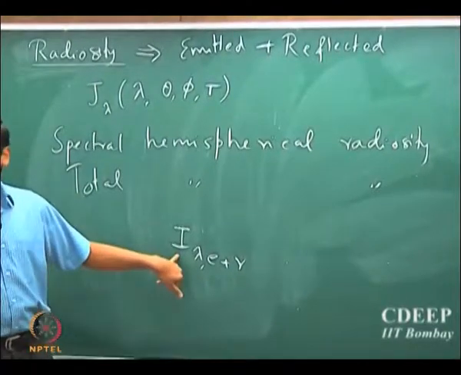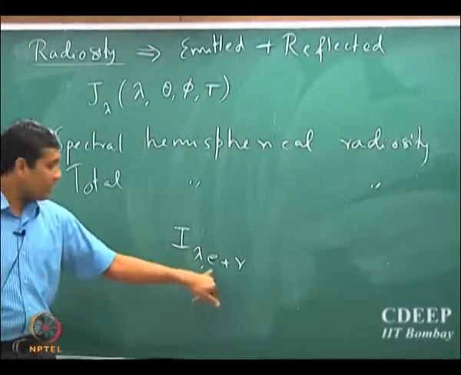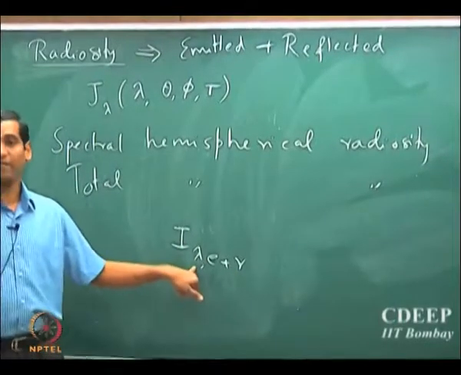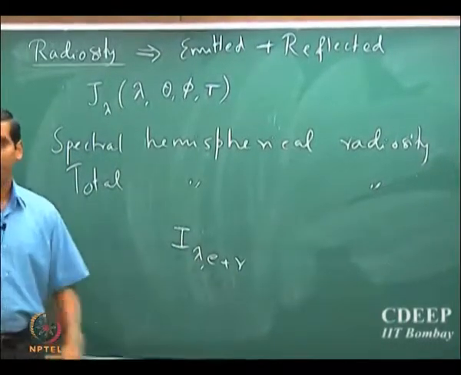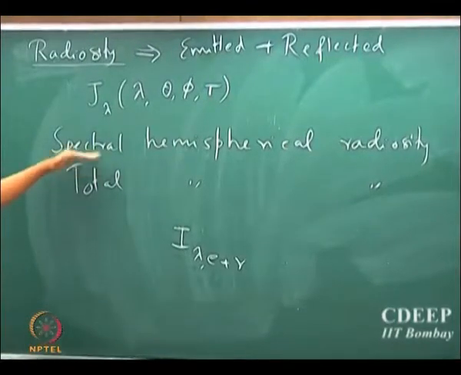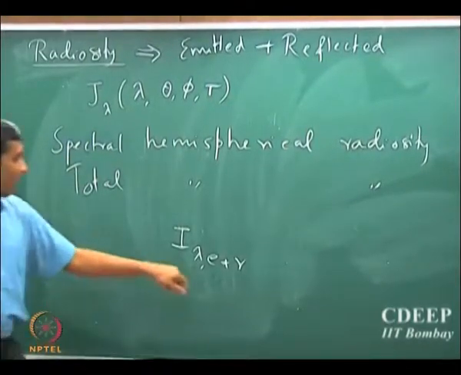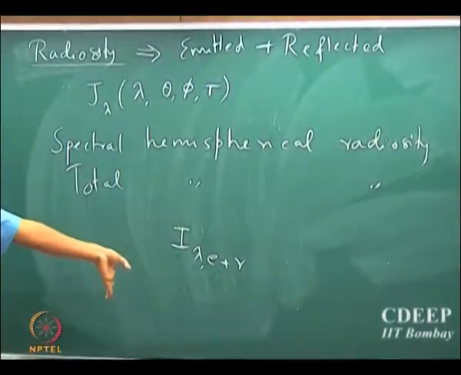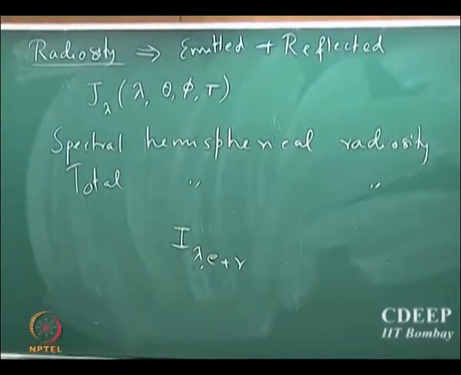So it's the intensity of radiation that is emitted plus the intensity of radiation that is reflected at a given wavelength. Essentially you can get these integrals by replacing I lambda comma E with these new intensities that we have just defined.